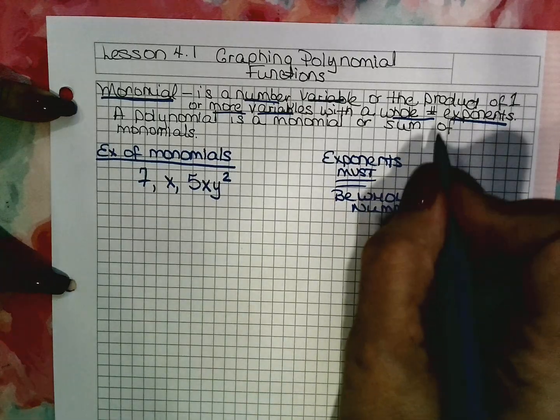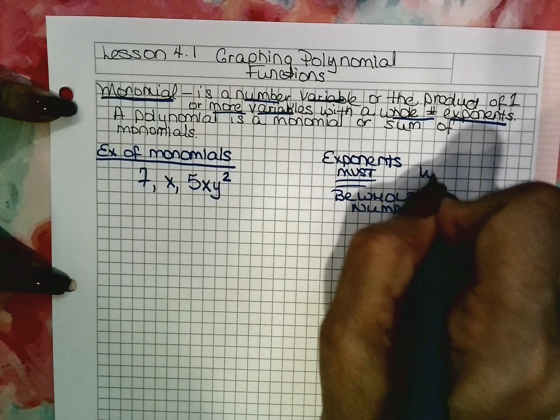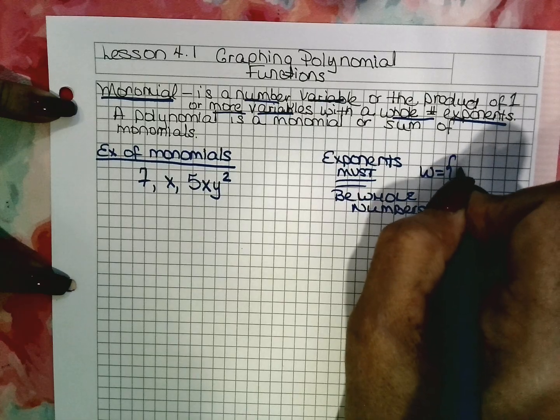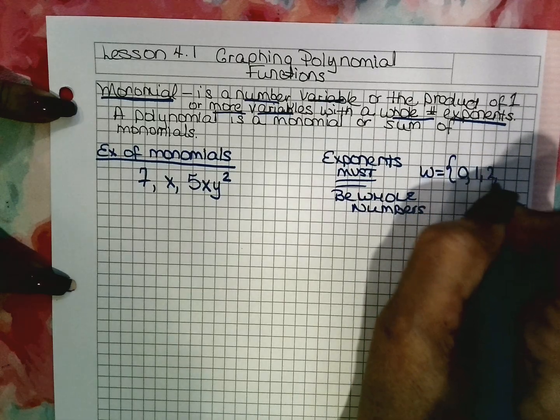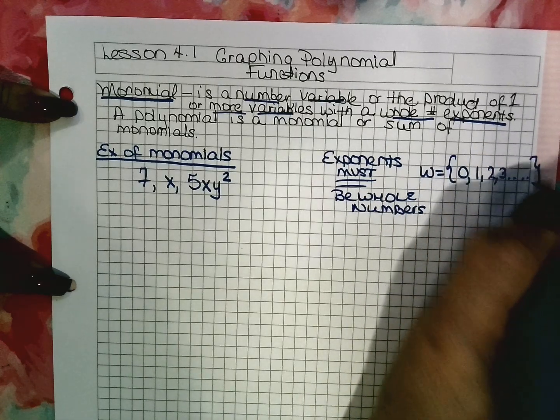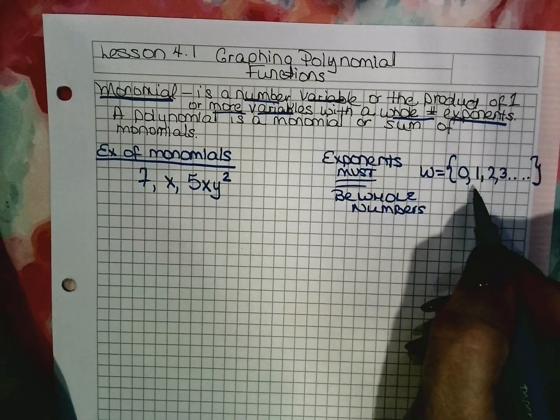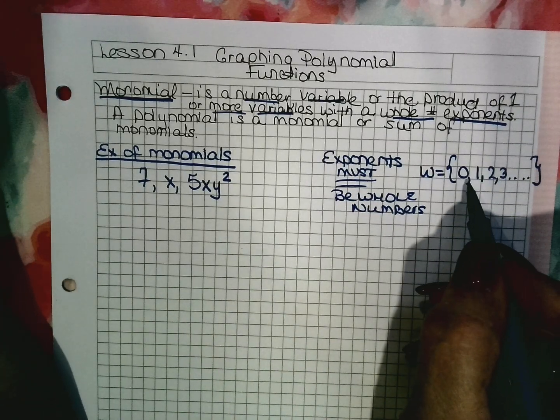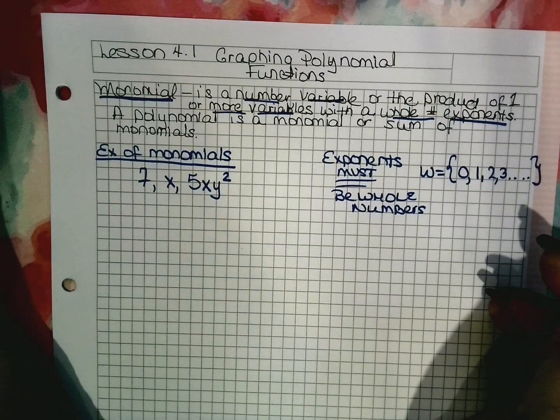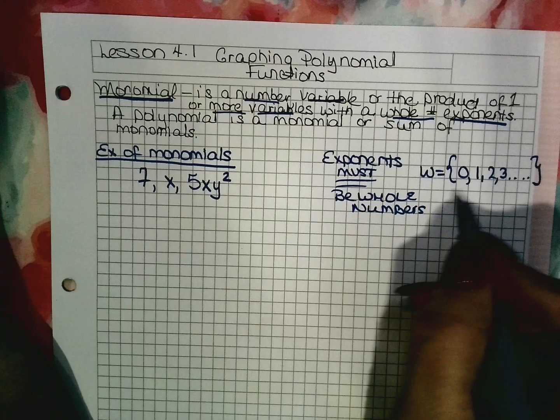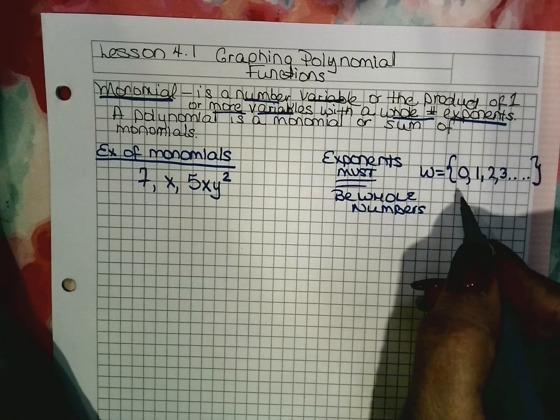And if you forgot, whole numbers look like this: 0, 1, 2, 3, etc. They are positive or zero, and they cannot include fractions or decimals. So whole numbers, they're similar to integers.